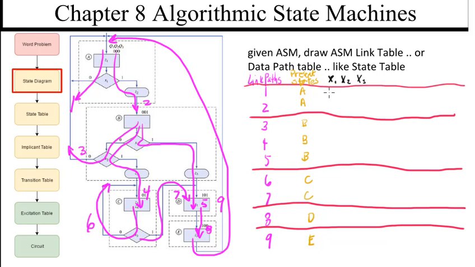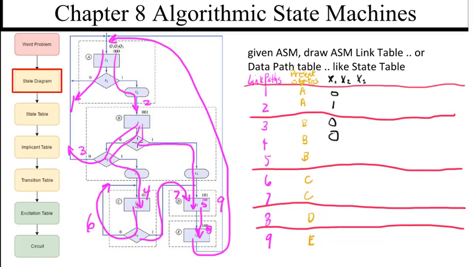Let's see, we have an input of X1 that could be a 0 or a 1 here at state A. Let's assume this is an X1. So for link path 3, it's a value of 0. For link path 4, X1's a value of 0.